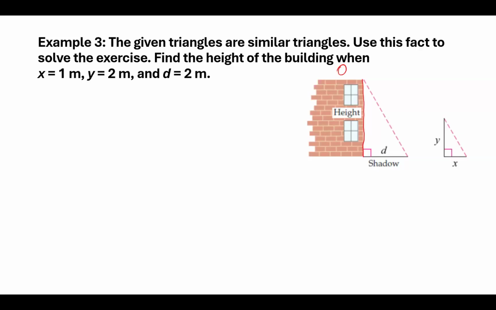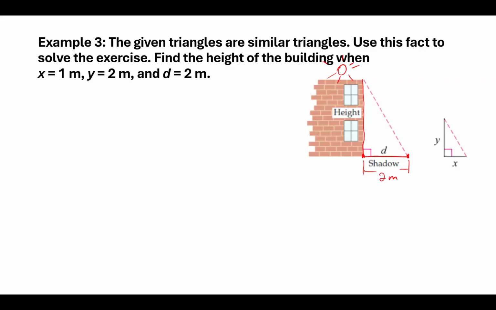Maybe the sun is up here and somebody looks at the shadow and you could measure the shadow. In this question, the shadow is represented with the letter D, the length from the base of the building all the way to the end of the shadow, and that is 2 meters.